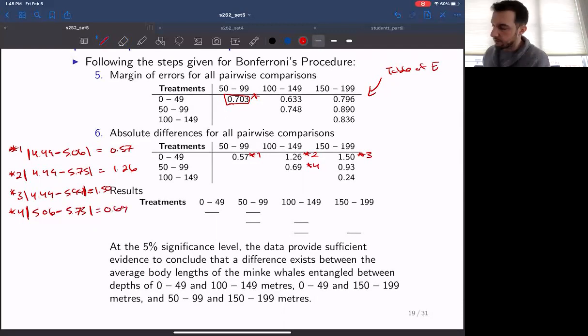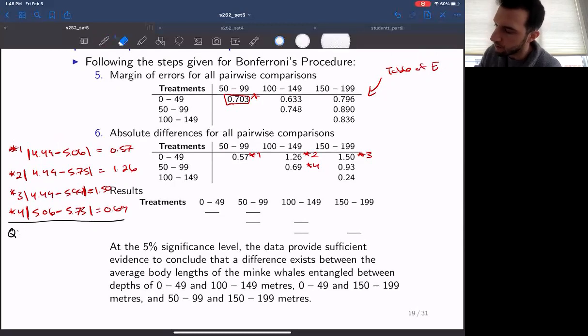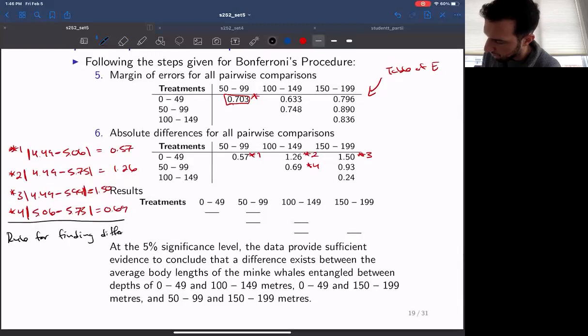Now, the last thing to do, before we get to the conclusion, is to state the rule for finding differences.